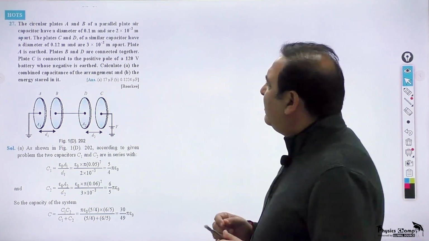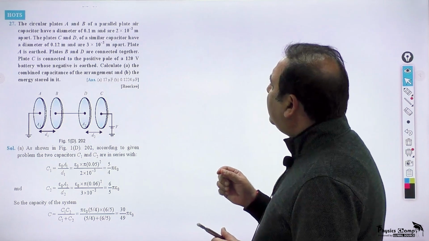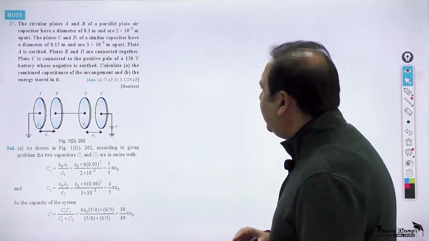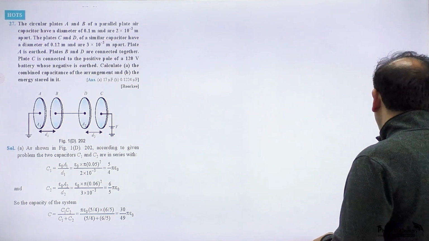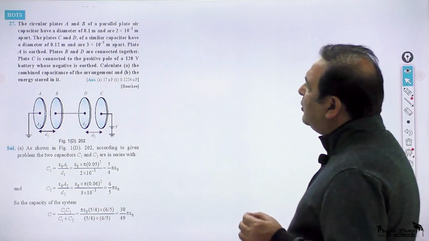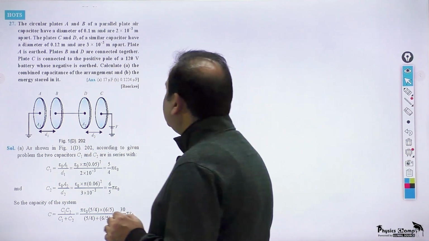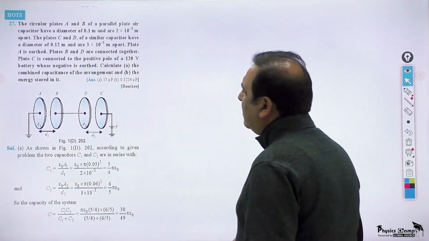The question says the circular plates A and B of a parallel plate air capacitor have diameter 0.1 meter and are 2 into 10 to the power minus 3 meter apart.